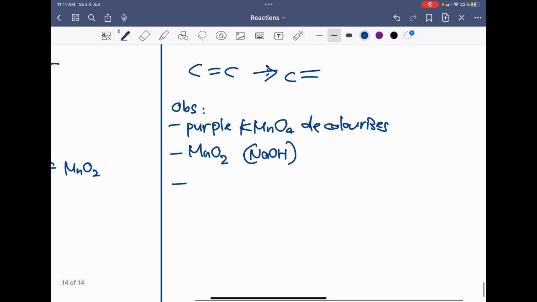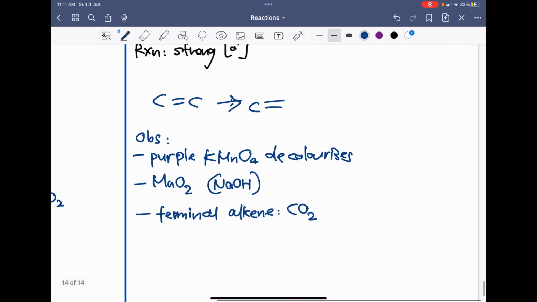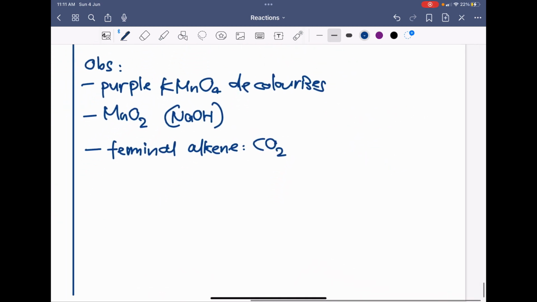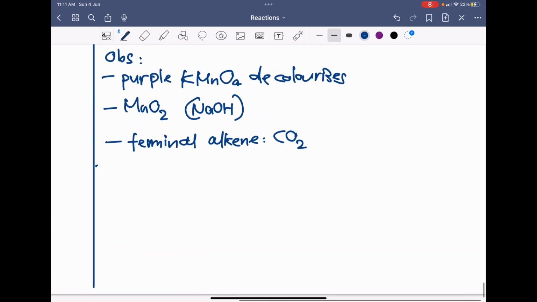And lastly, if it's a terminal alkene, you have CO2 formed. Why is that the case? And also, how do you even identify what are your products formed in strong oxidation? Well, let me just teach you a really fast way, okay?